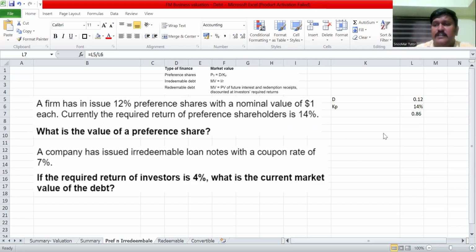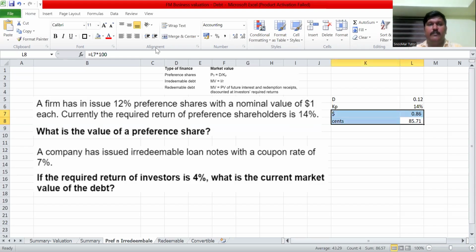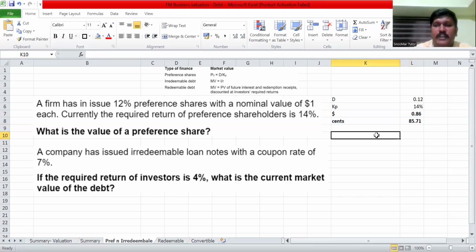If I multiply 0.86 by 100, 85.71 would be the cent basis value of this particular market value.